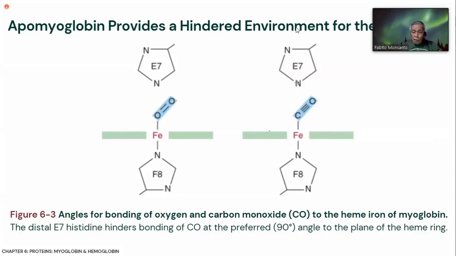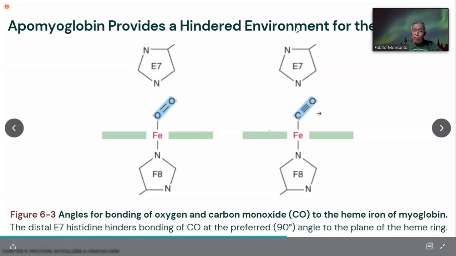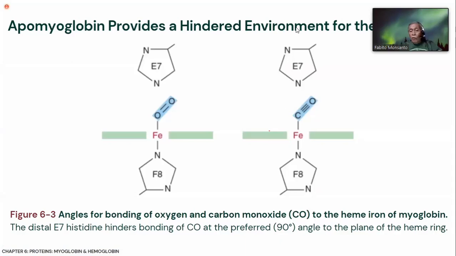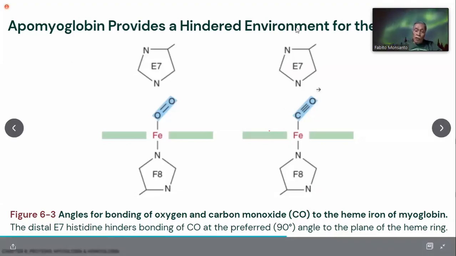However, if there is a very high saturation of carbon monoxide, although the binding is not as strong as with the oxygen because of this histidine here, since there is so much carbon monoxide, all of those heme will be bound with carbon monoxide.